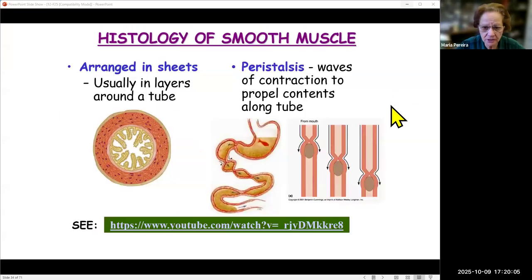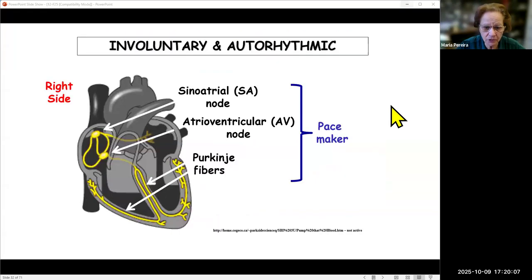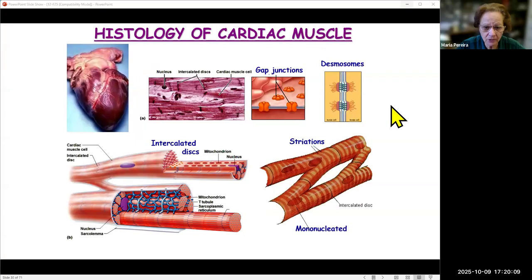So the gap junctions are very important. Why? Let me explain this. In the heart, you have the two ventricles and the two atria, right? And you want the muscles that make up, let's say, the right atria to all contract at the same time. You cannot have one cell contracting and then the other one and then the other one. No, they have to contract in unison.